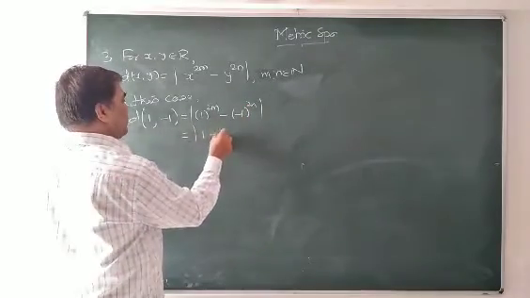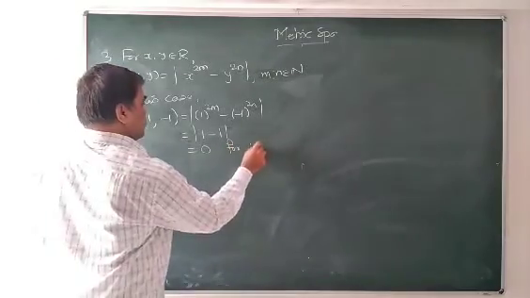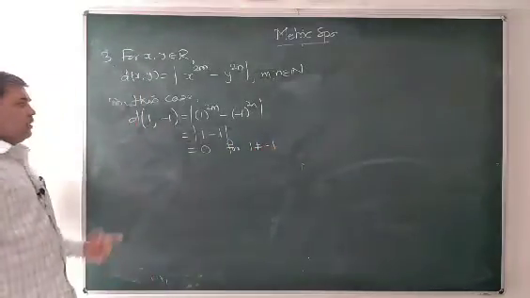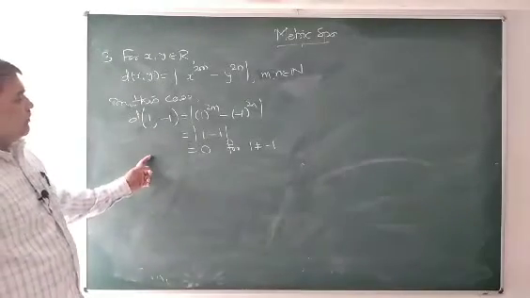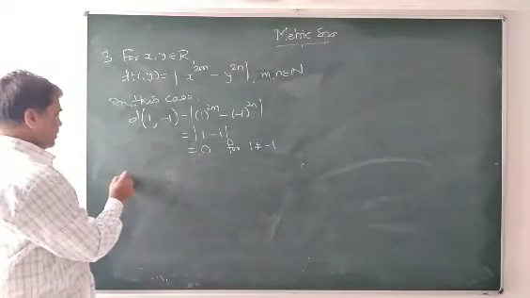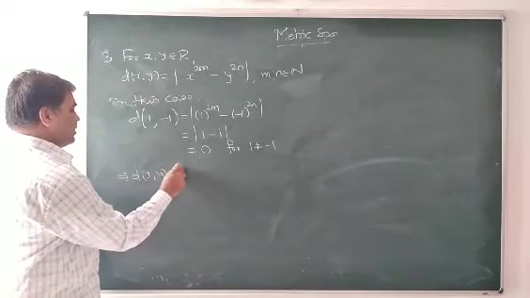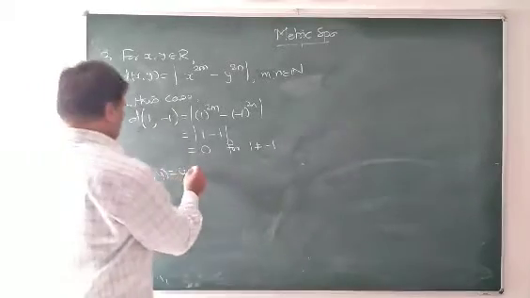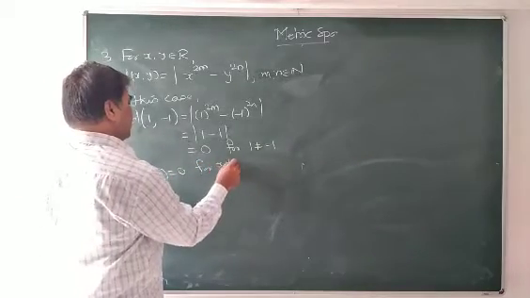So it is mod of 1 minus 1, which is 0, for 1 not equal to minus 1. Therefore, the positivity axiom fails. This implies d of x, y is equal to 0 for x not equal to y.